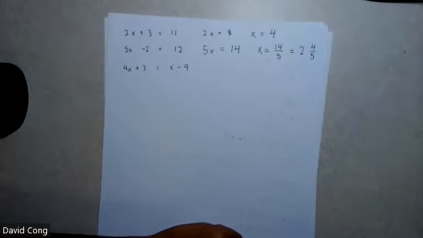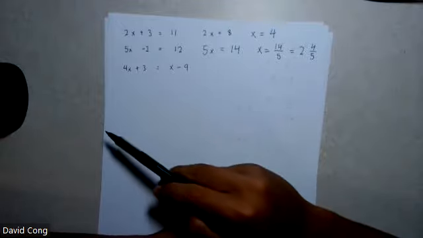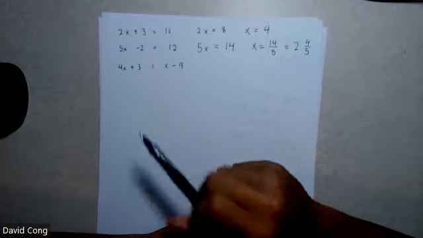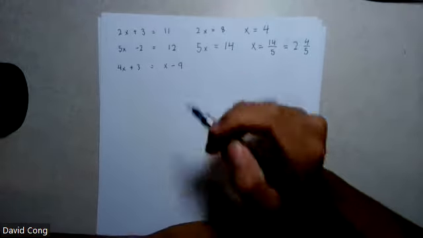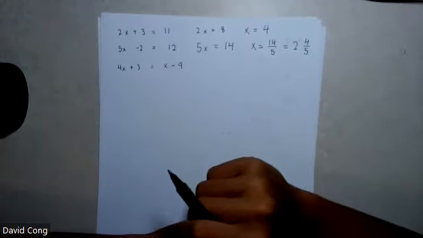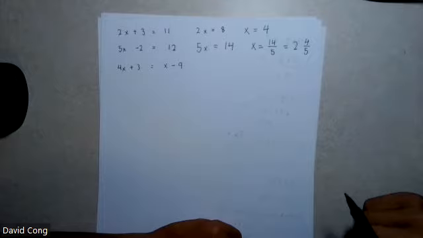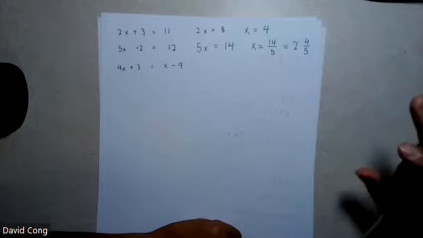And now onto the last one. So we have x on both sides this time, but we want x only on one side. So what we can do is we can subtract x from both sides. How does the minus become the plus? Like, because there's 5x minus 2 equals 12. We add 2 to each side.